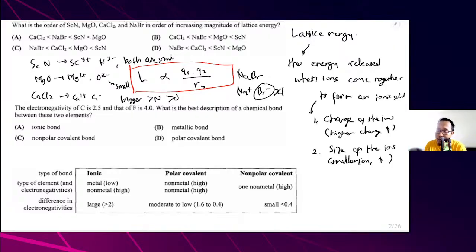Based on this information, we can understand why the lowest one is NaBr, because Br is the biggest one. Both ions are large and also singly charged.